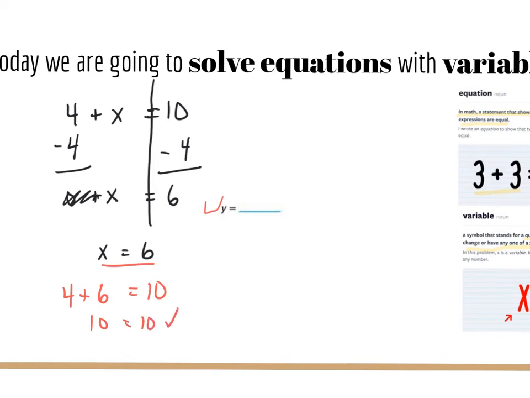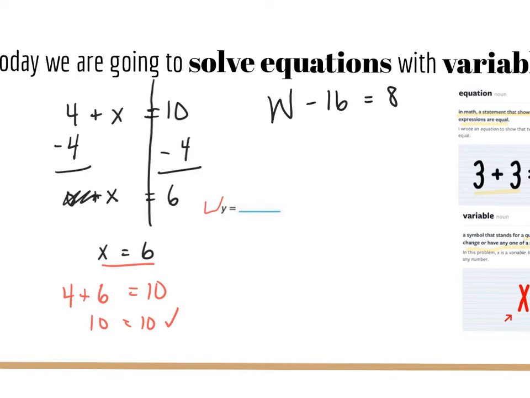Let's do another one. I'm going to write it right here. We'll do p minus 16 equals 8. The cool thing about algebra is you can literally pick any letter in the alphabet to be your variable. I think I'm going to change my P to a W for Walsh. So W minus 16 equals 8.